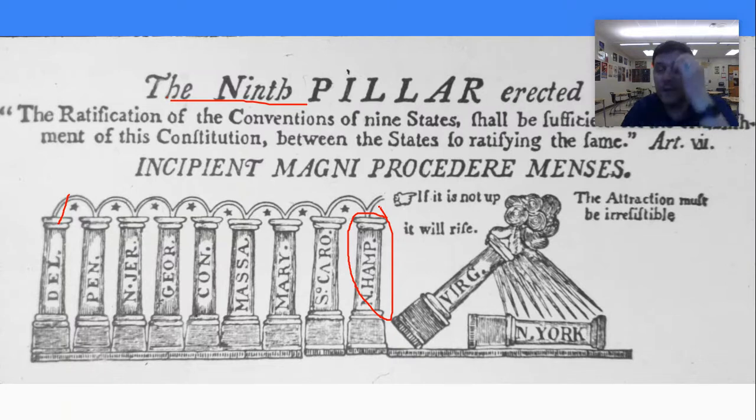When they ratified it, it became official. Virginia and New York had not ratified it yet. And this poster from 1788 was a propaganda poster saying, hey, Virginia and New York, you need to join, because if you don't, we'll probably fall apart. We need to be all together.